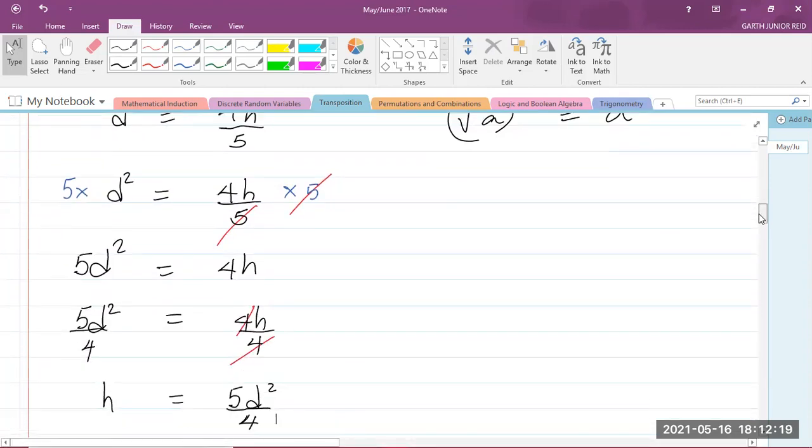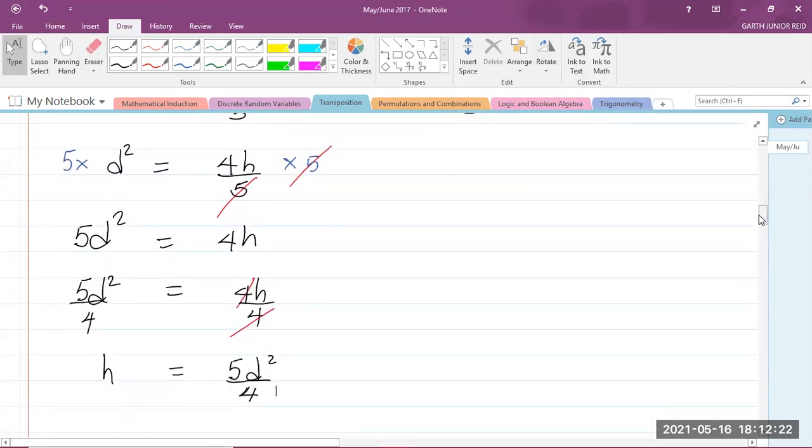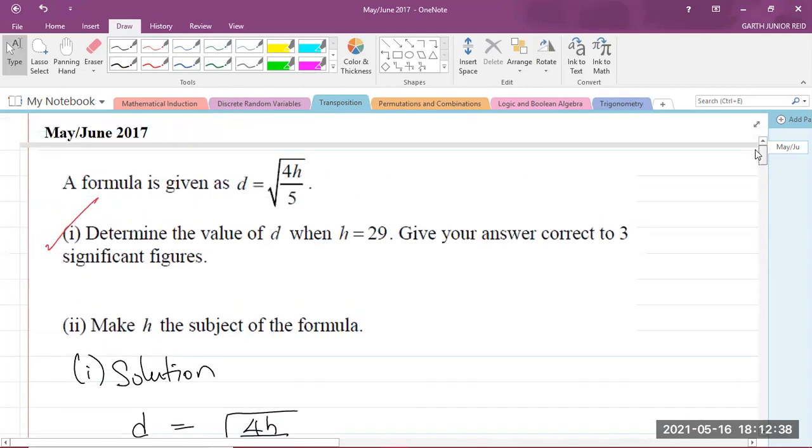So you get 5d squared equals 4h. And then 4 is being multiplied by h, so in order to get rid of the 4, you divide both sides of the equation by 4. And therefore h is equal to 5d squared divided by 4. That is the solution to part 2 of this past paper question.